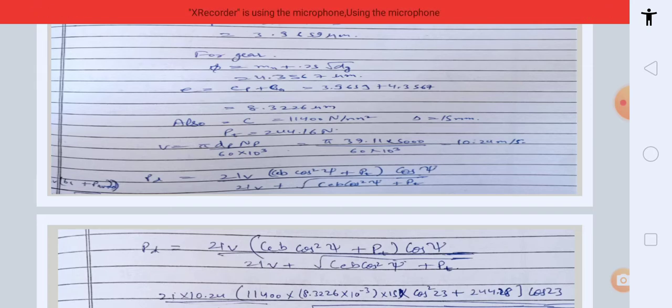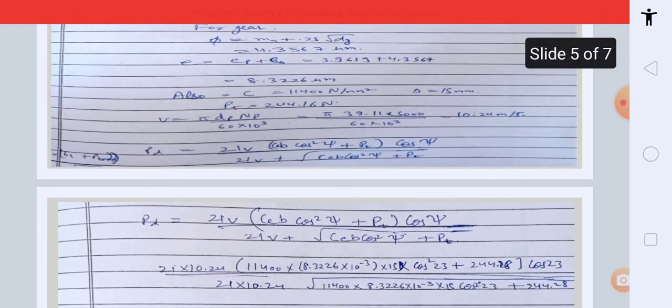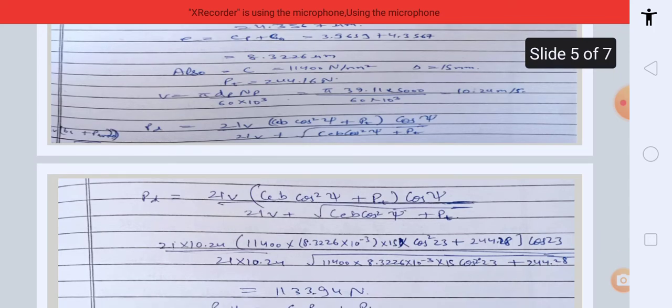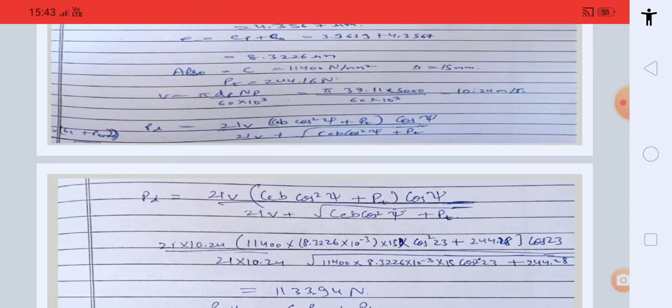Pitch line velocity is given by pi dp Np upon 60 into 10 to the power 3, which comes out to be 10.24 meter per second. Now the dynamic force is given by 21 v (C e b cos square psi plus Pt) cos psi upon 21 v plus under root (C e b cos square psi plus Pt).